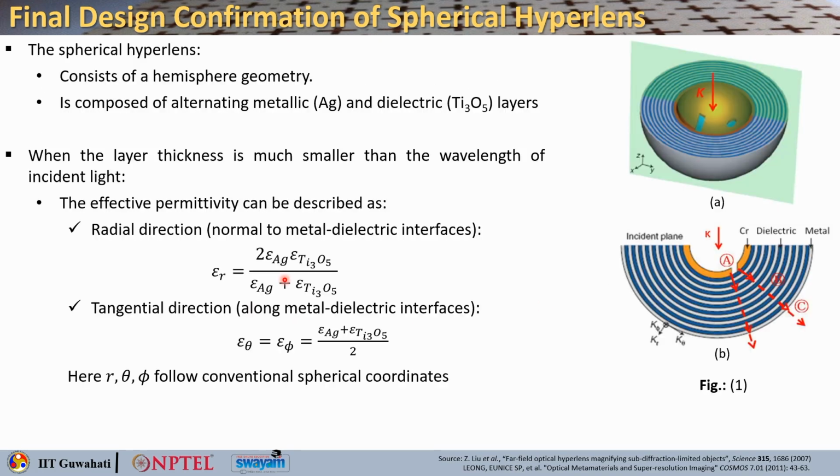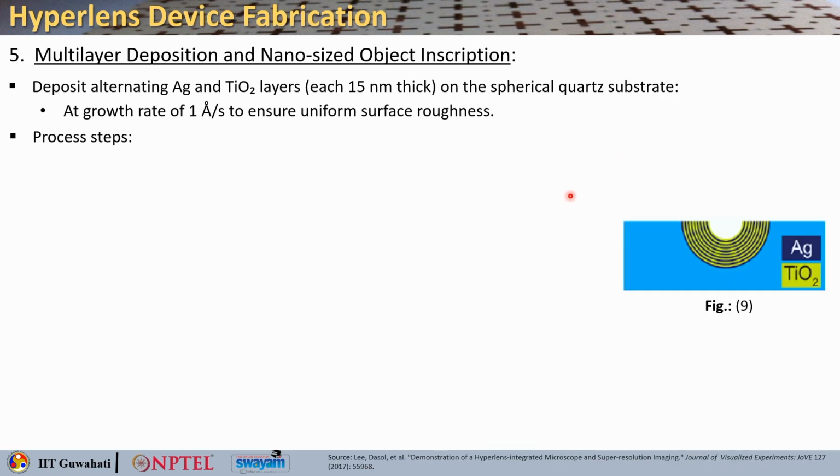Here also the metal and the dielectric layer thicknesses were considered to be the same. So, what is the growth rate? The growth rate is typically 1 angstrom per second, and this slow growth rate basically ensures uniform surface roughness.